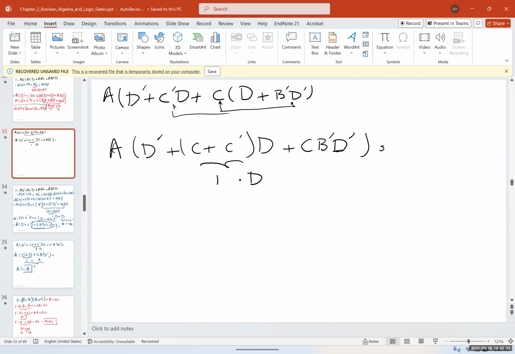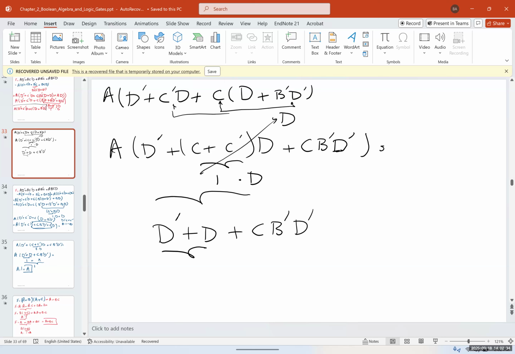So 1 times D would be equal to D. Again, these two, I would have D prime plus D plus C B prime D prime. D prime plus D again gives us 1, and 1 plus C prime C B prime D prime, all of that multiplied by A.